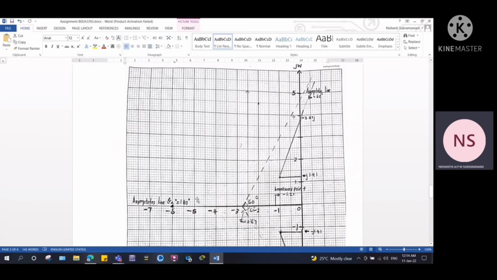My axis crossing is 3.87, that is here. So this is the graph that I get from this transfer function. Thank you.